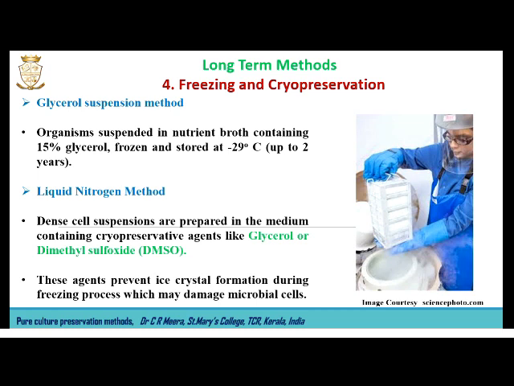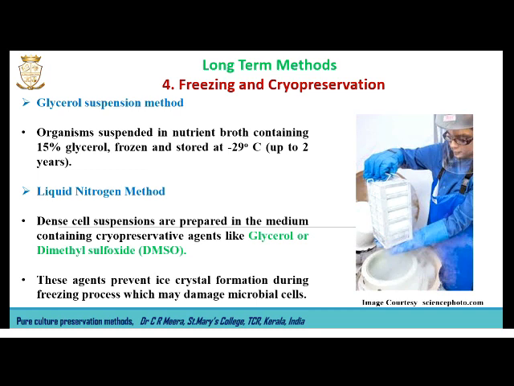The availability of liquid nitrogen provided another useful means for preserving stock culture. In this method, dense cell suspensions are prepared in the medium containing cryopreservative agents like glycerol or dimethyl sulfoxide, which is commonly called DMSO.